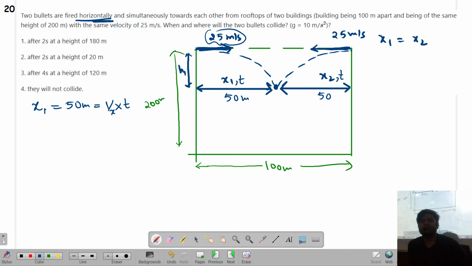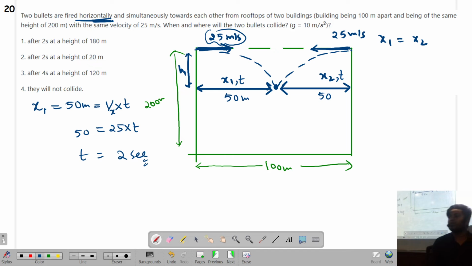No, because there is no force along the x direction. Only they have velocity. So x1 is 50, velocity is 25, 25 into time is equal to 50. So time is how much? 2 seconds. So at what time are they going to collide? They are going to collide after 2 seconds. But two options are over here.